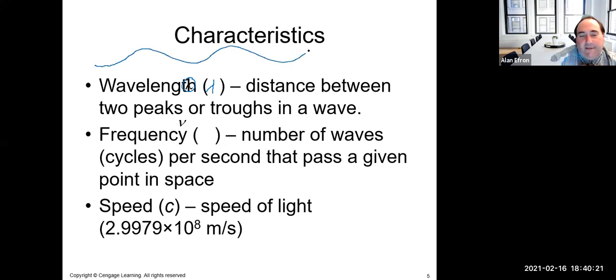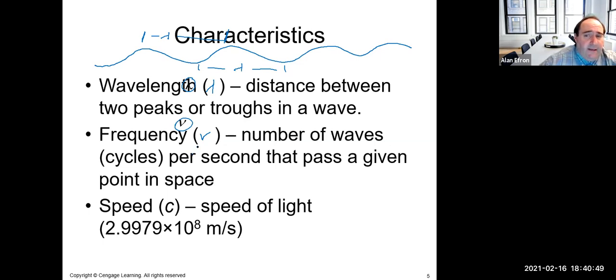So when we talk about the wavelength, that distance between the peaks or even the troughs, in this direction, is our wavelength. The frequency, again, is not really a V, it's a nu. People oftentimes call it a V, but it's actually not a V, and it represents the frequency.